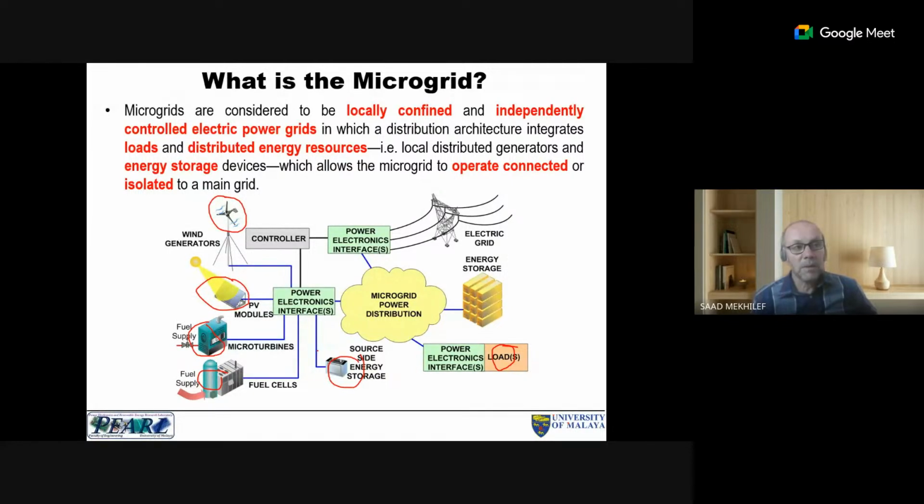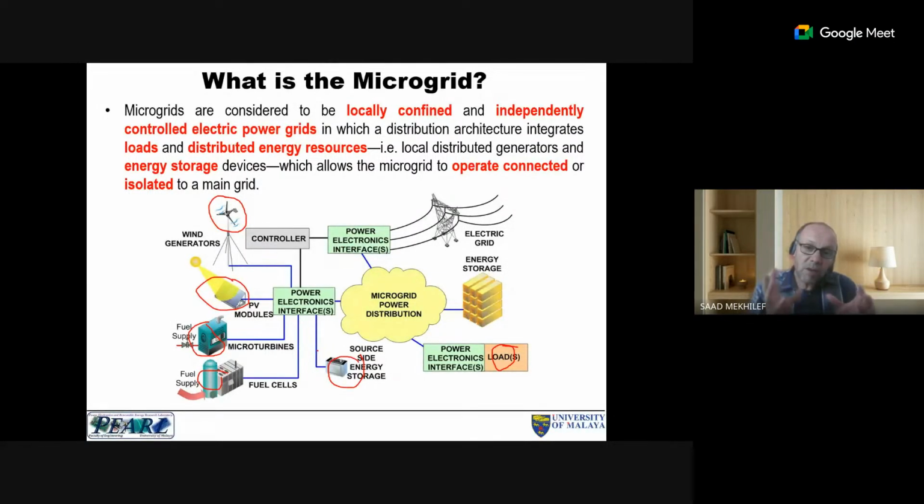But if I have a cloud passing over the solar, and there is no wind, renewables are very intermittent and very weather dependent. That is actually one of the main constraints and challenges.